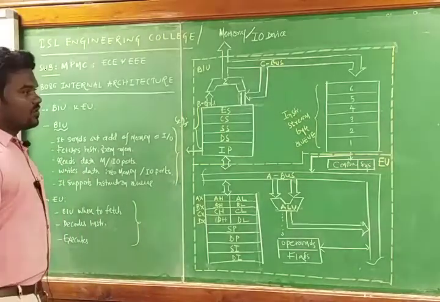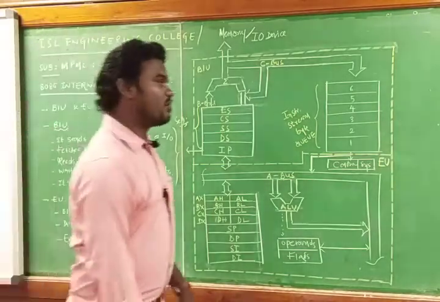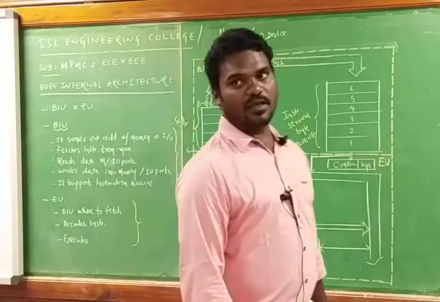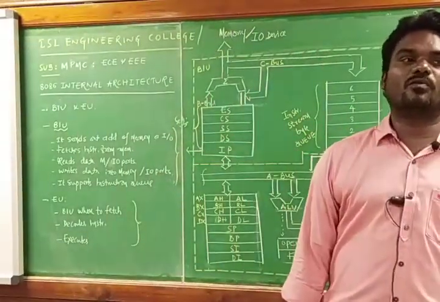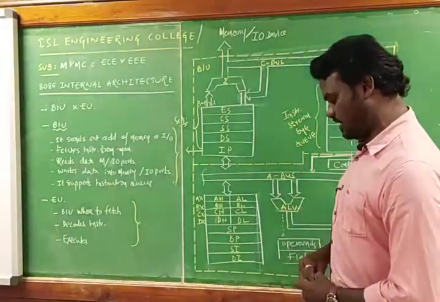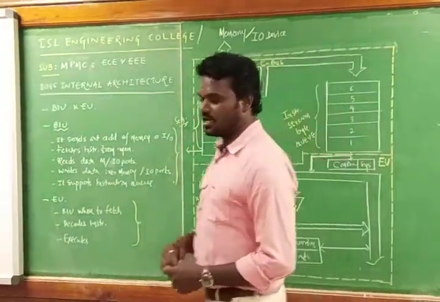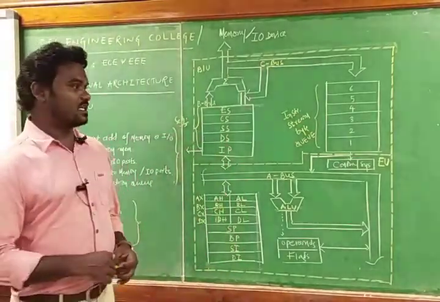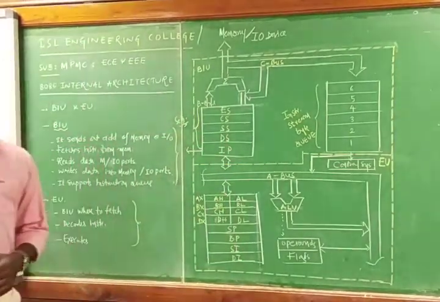We have studied the features of the 8086 microprocessor. Internally, the 8086 microprocessor has fourteen 16-bit registers, classified into 5 types.